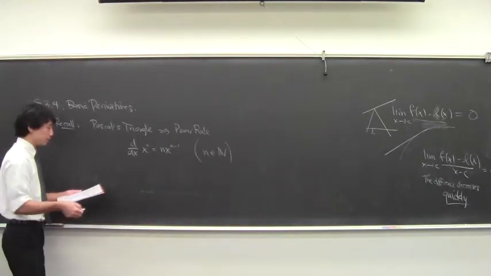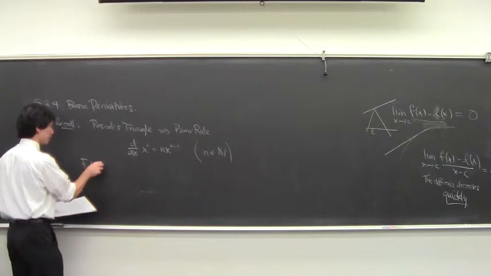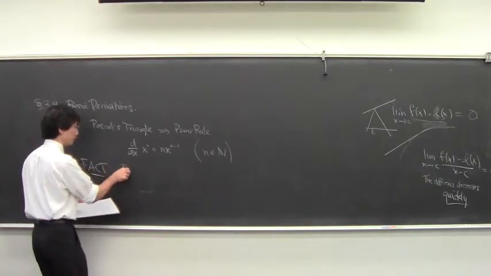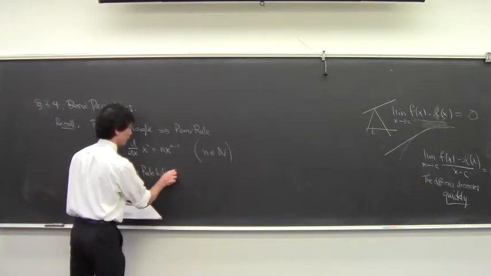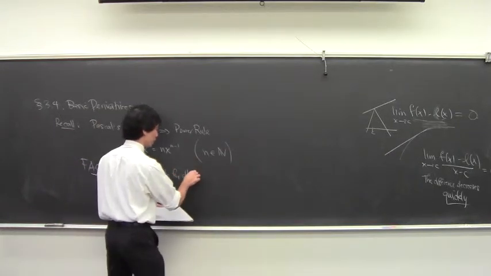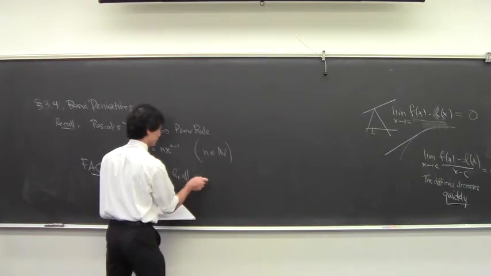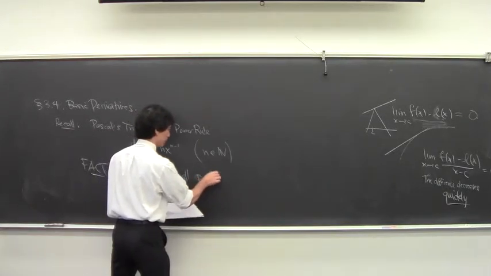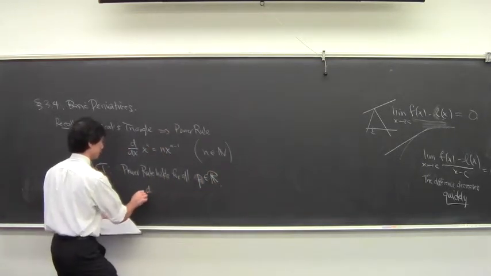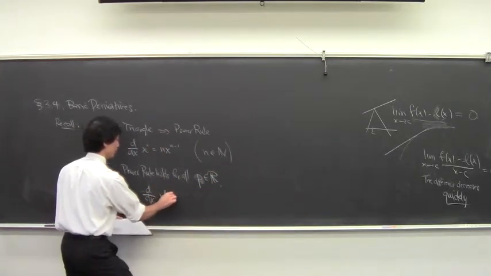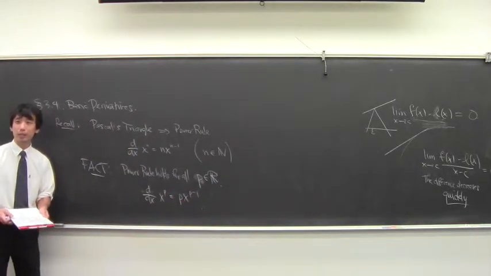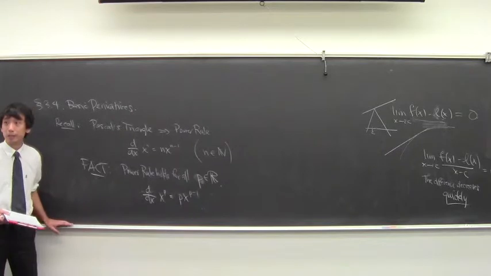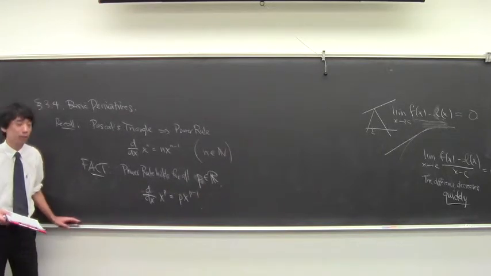Okay. So right now I'm just going to state a fact, which is that the power rule holds for all real numbers, all powers. That is, if you differentiate x to the p, you're going to get p x to the p minus 1, even if that number is a fraction, a negative number, an irrational number, whatever.